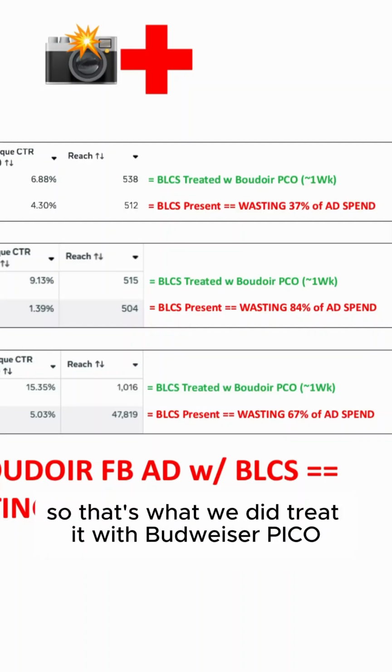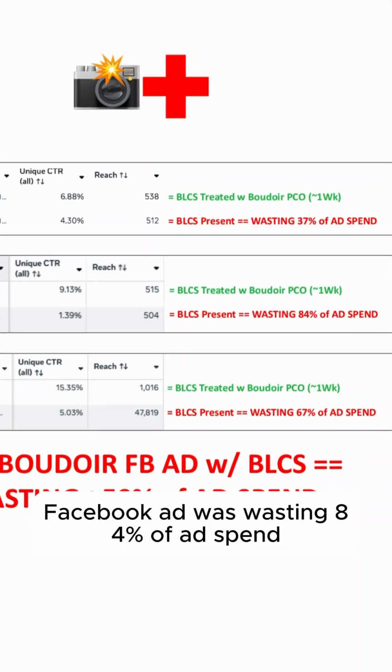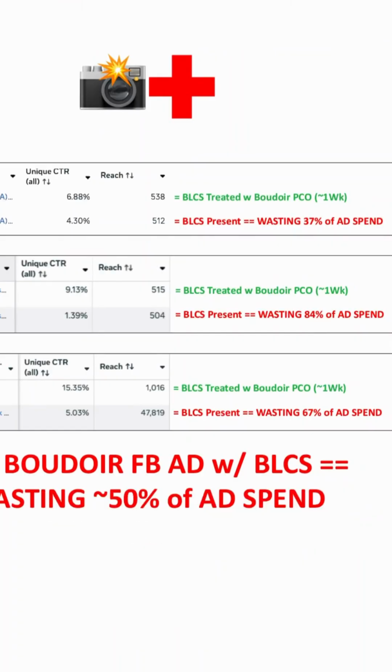So that's what we did. Treated it with Boudoir Pico, got its unique CTR up to 9.13%. So we found out the original Boudoir Facebook ad was wasting 84% of ad spend.